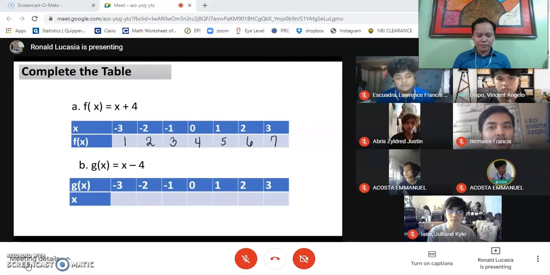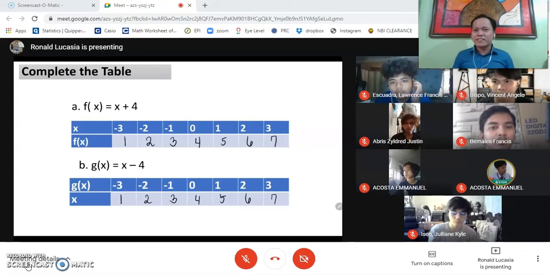If the value of x is 1, the value of y is negative 3. If x is 2, y is negative 2. If x is 3, y is negative 1. If x is 4, y is 0. If x is 5, y is 1. If x is 6, y is 2. And if x is 7, y is 3. Okay, very good. Thank you, Vincent.